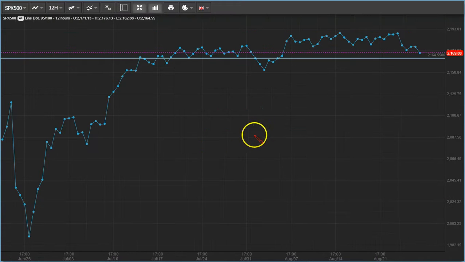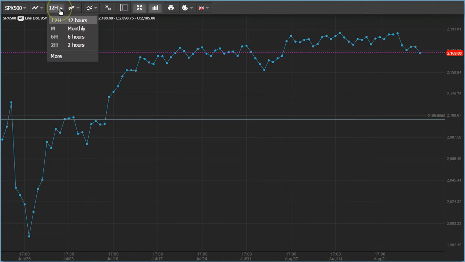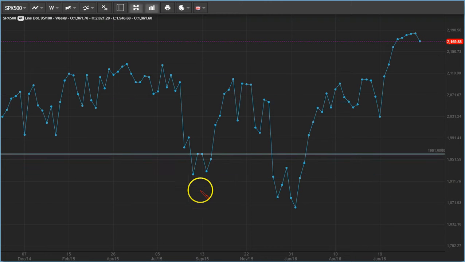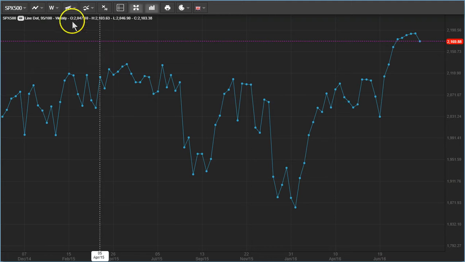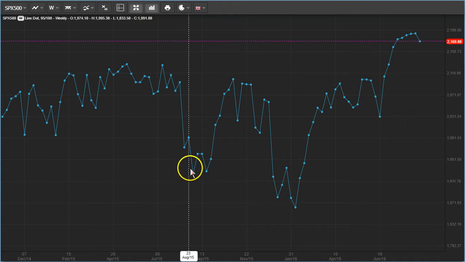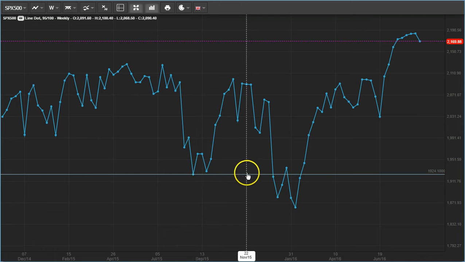Let's go to the 12 hour. Let's see, we go from the monthly to the weekly. There you go. So here's the trap down here, the horizontal trap zones on the S&P weekly. And this was the big breakout.